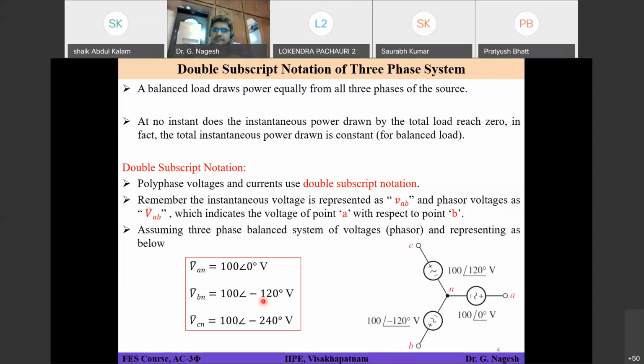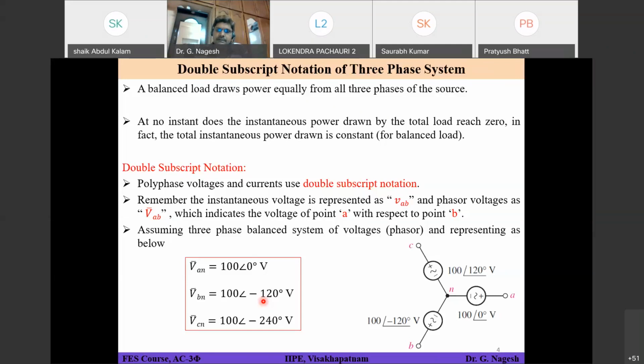Okay, so it should be minus 80. VAN is 100 at an angle of plus 40. To that plus 40, you have to add minus 120 if you want to find VBN. So 40 minus 120 gives minus 80. So VBN will be 100 at an angle of minus 80 degrees.